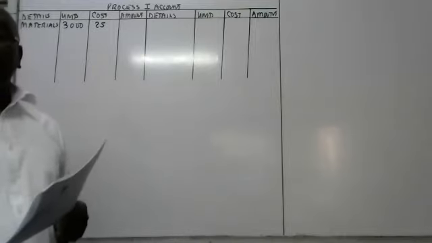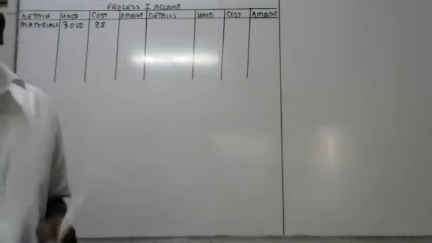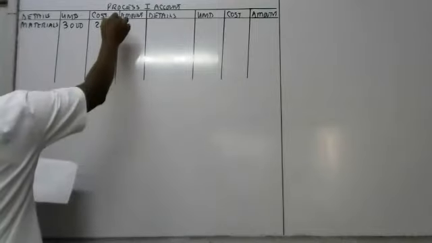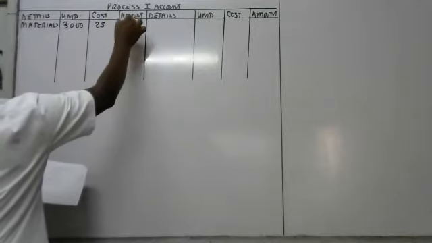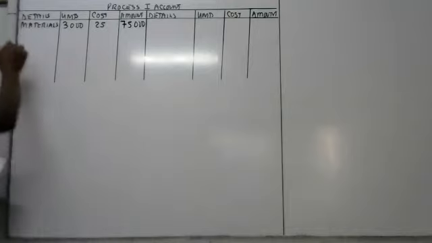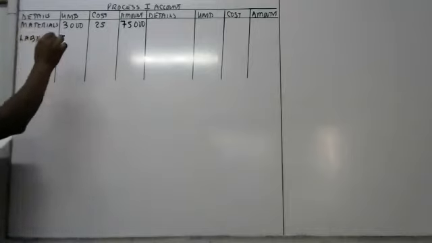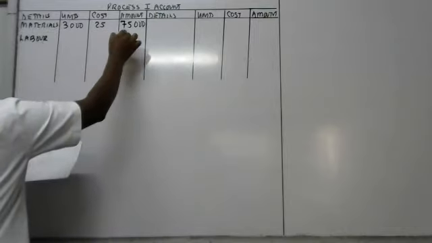How much do you get? 3,000 times 25, good. I can see 75,000. Then we go to labor. Labor is 12,000.